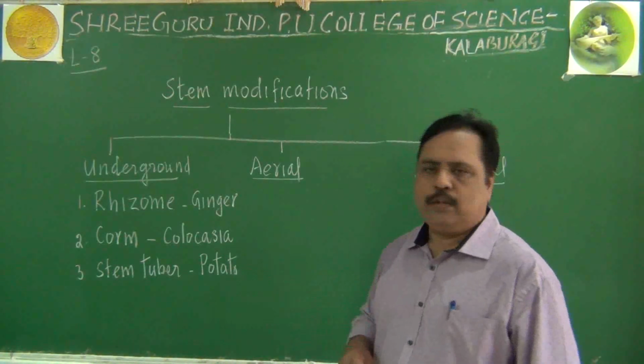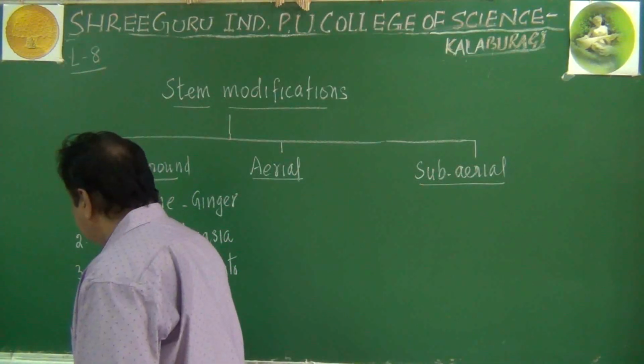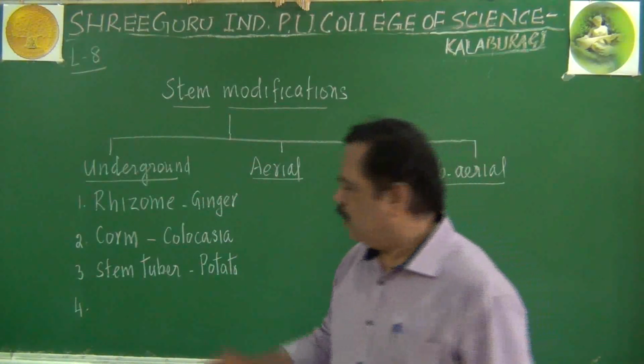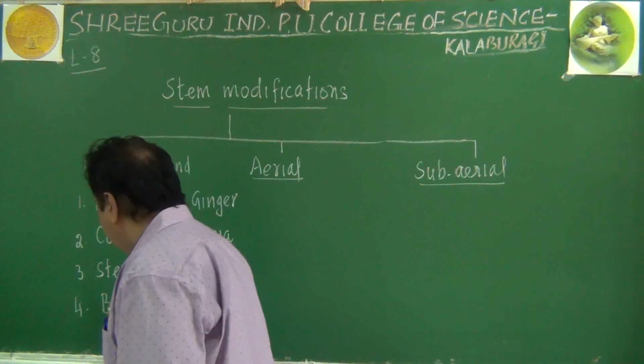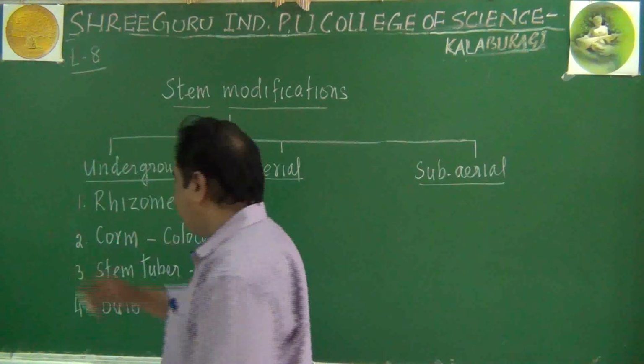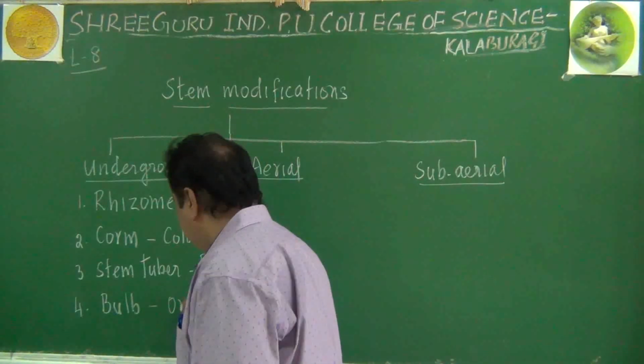Stem tuber is shown by potato. In addition to this, we have come across a fourth type of underground modification, known as bulb type of stem modification. Very popular example for bulb is onion, remember.